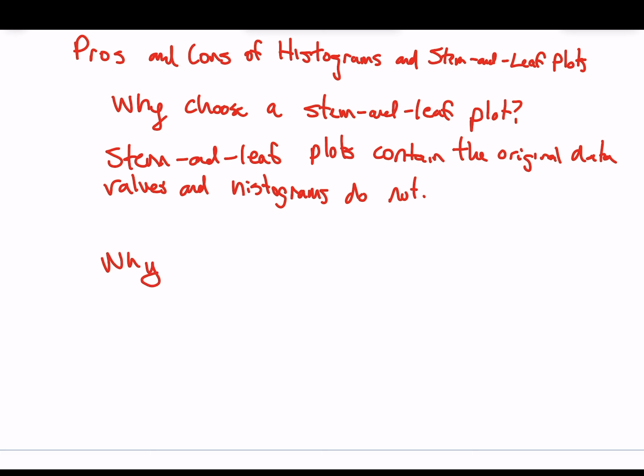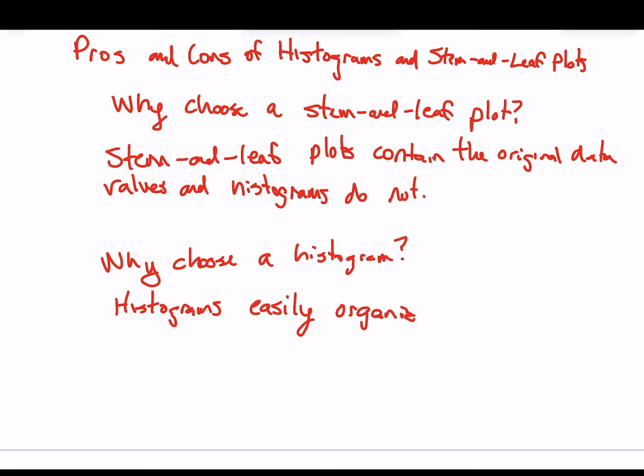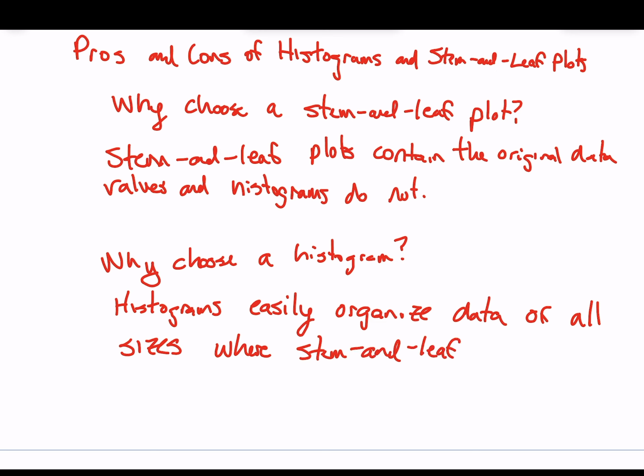Why would we choose a histogram? Well, histograms easily organize data of all sizes, no matter how big our n is, the number of observations, where stem and leaf plots do not.